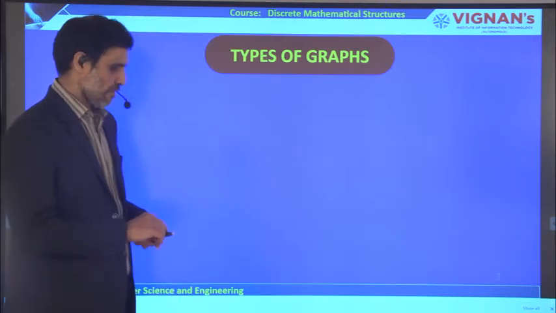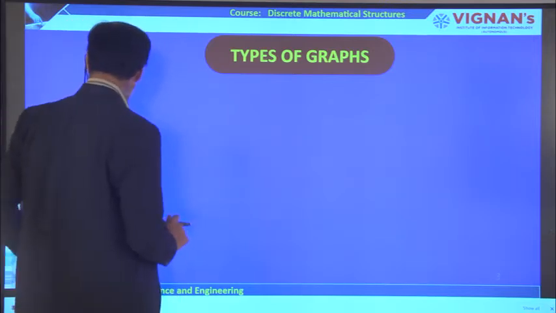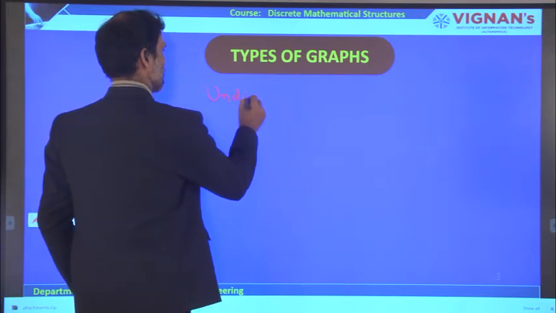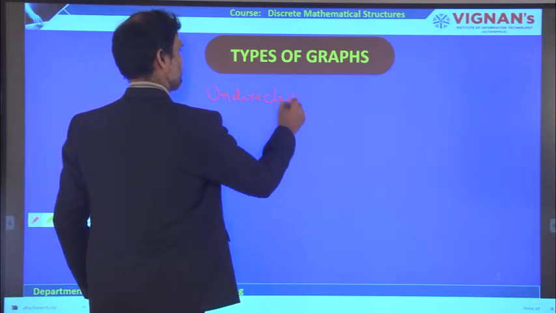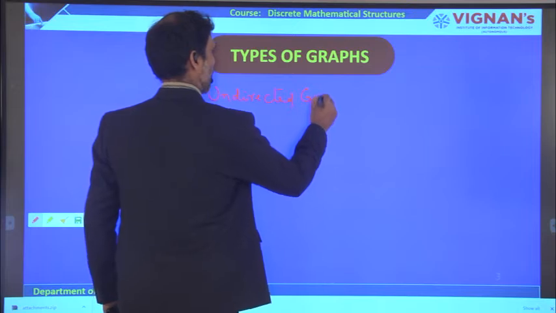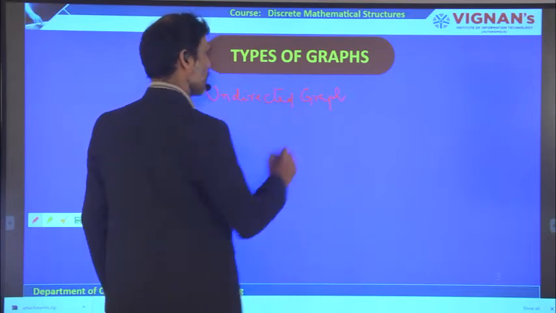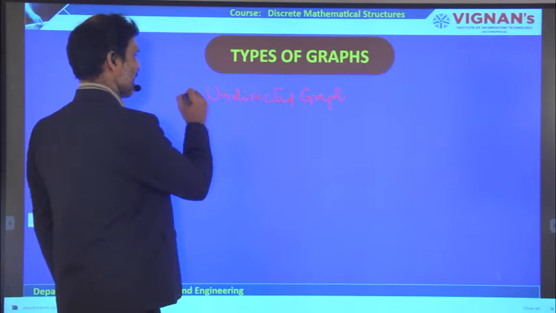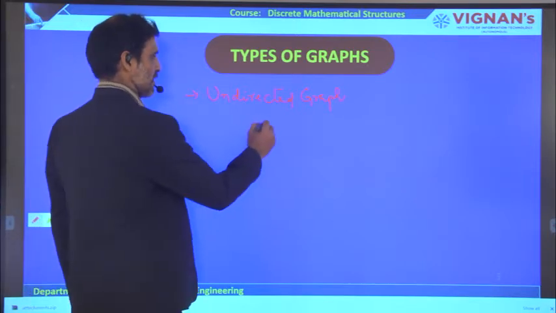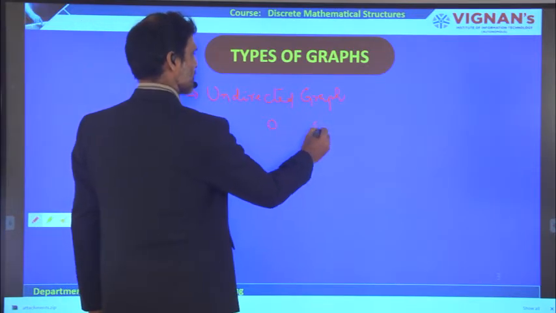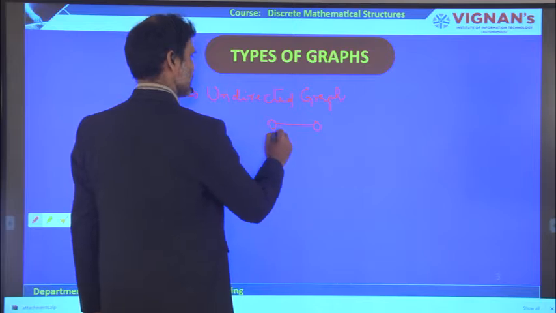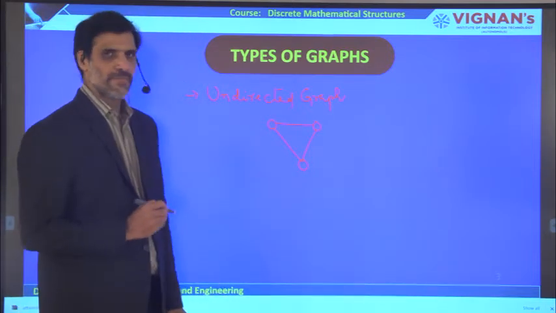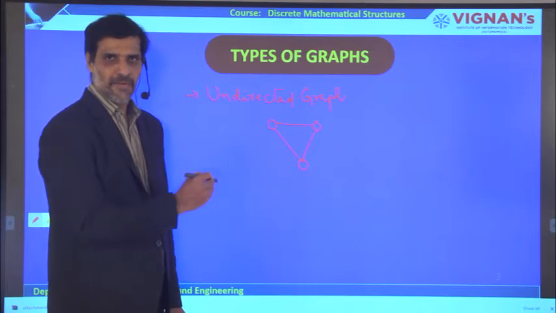The first graph is the undirected graph, which I am not going to cover in the types of graphs because we already discussed it. An undirected graph is a graph which consists of edges and vertices like this, which doesn't have any directions. This is simply what we call an undirected graph.